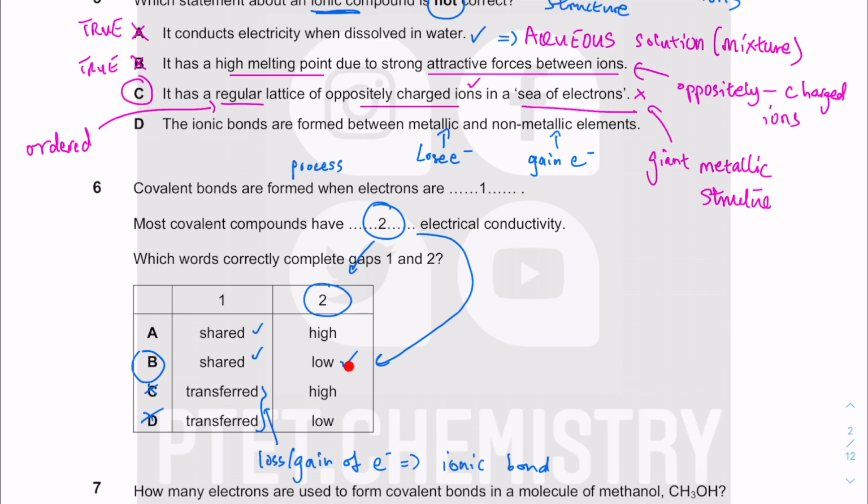But graphite is giant molecular, and you do have a lot of covalent bonds within the structure of graphite, but you conduct electricity because each carbon atom in graphite only uses 3 out of 4 of its outer shell electrons for bonding. So each carbon has 1 free electron to conduct electricity, but there is something very special about graphite, and it certainly is not true for most covalent compounds, which have poor or very low electrical conductivity.